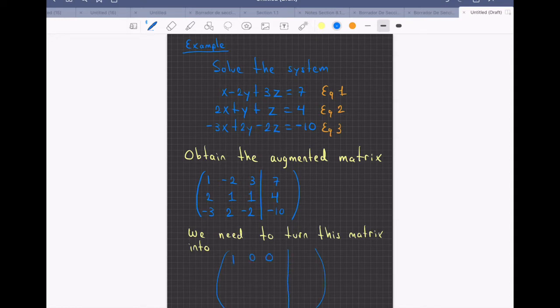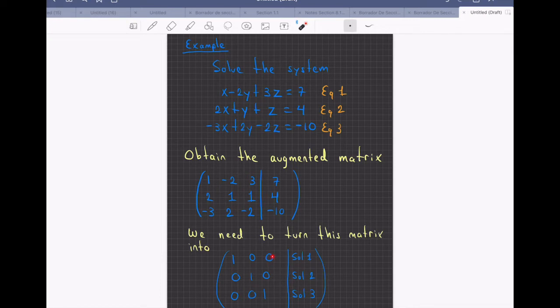One, zero, zero, zero, 1, 0, 0, 0, 1, and here we will have some numbers that I'm going to call solution 1, solution 2, and solution 3. So the key of the Gauss-Jordan method in general is that we start with the augmented matrix, and we must be able to turn this matrix into this form.